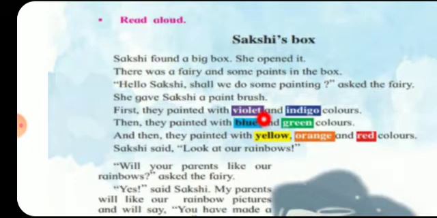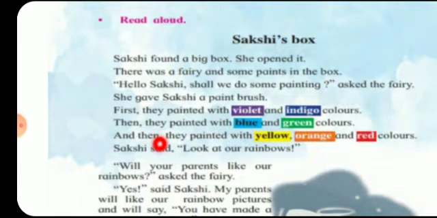So first they painted with violet color, then indigo. Spelling of indigo, I-N-D-I-G-O, indigo. Then they painted with blue color, B-L-U-E, blue, and green color, G-R-E-E-N, green.